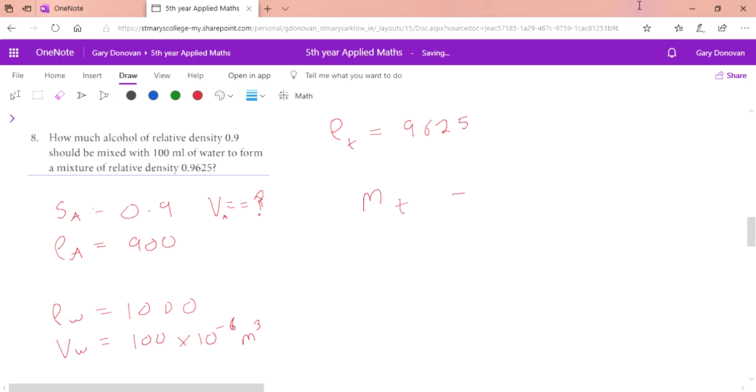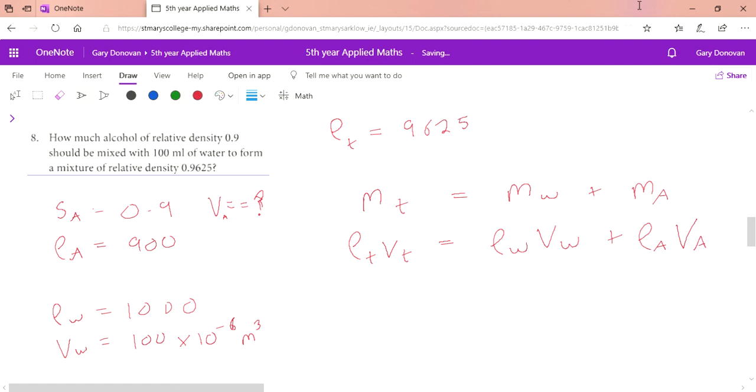Mass total equals mass water plus mass alcohol. That's density total times volume total equals density of water times volume of water plus density of alcohol times volume of alcohol. Now this one's an important one because I actually think it is one of the most common ones.